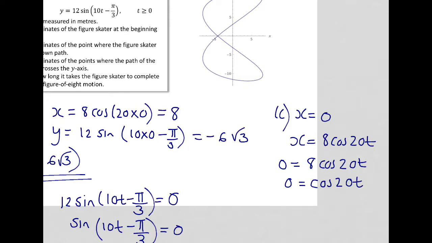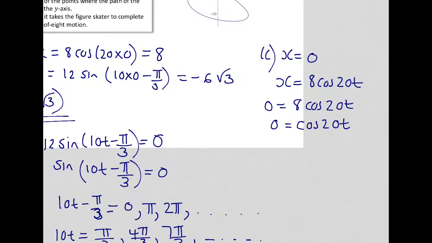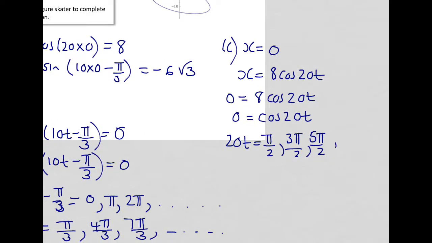And if we then solve for that using our calculator, we'll know that cos is 0 at pi over 2, and then again at 3 pi over 2, and at 5 pi over 2. And I actually want 4 solutions, so I'm going to keep going.